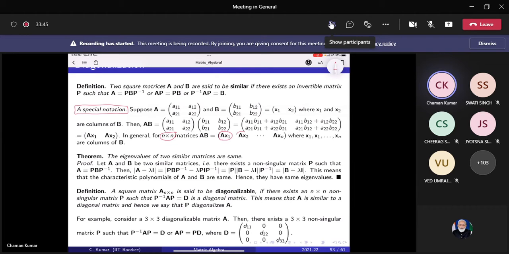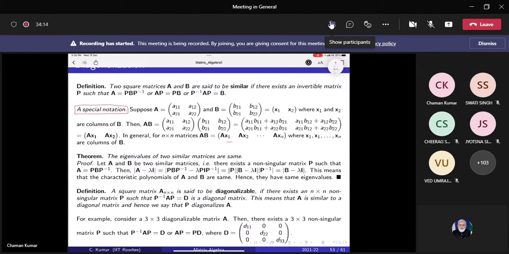The second column of the product is A into x2. And the nth column of the product is A into xn, where x1, x2, xn are columns of the matrix B. Is this fine? So this is the notation we will use frequently in our proofs. Okay, so keep this notation in mind.